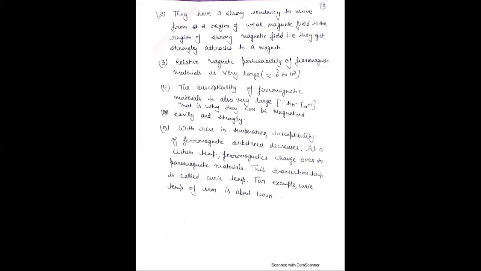The Curie temperature is different for different materials. For example, the Curie temperature of iron is about 1000 Kelvin. At the Curie temperature, the ferromagnetic material loses its magnetic properties and changes into a paramagnetic material. These are the three magnetic materials: dia, para, and ferro, and their properties.